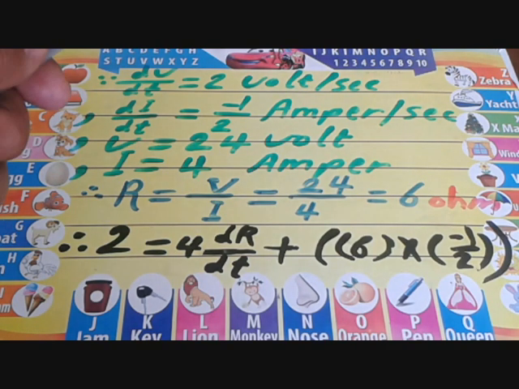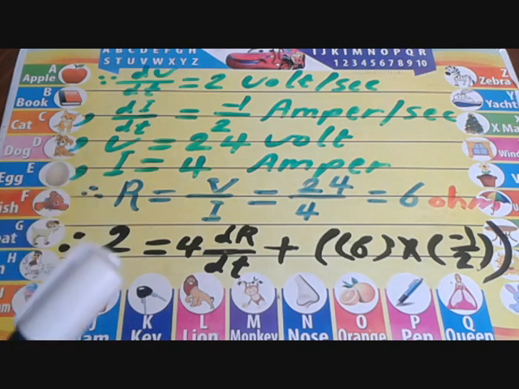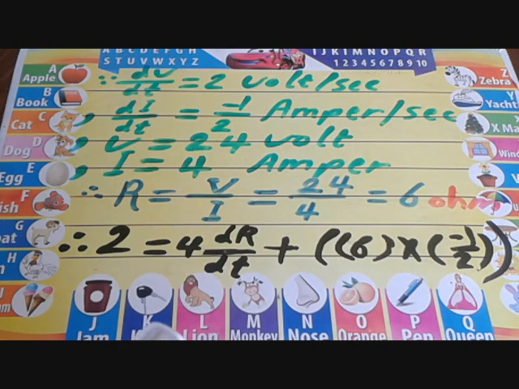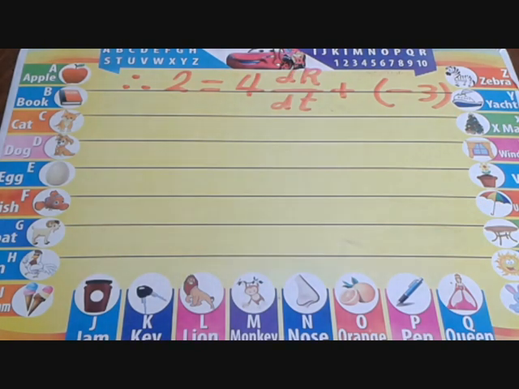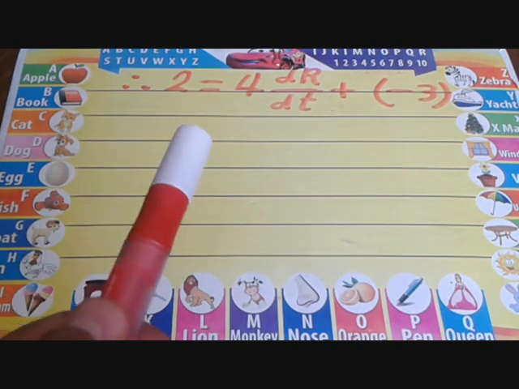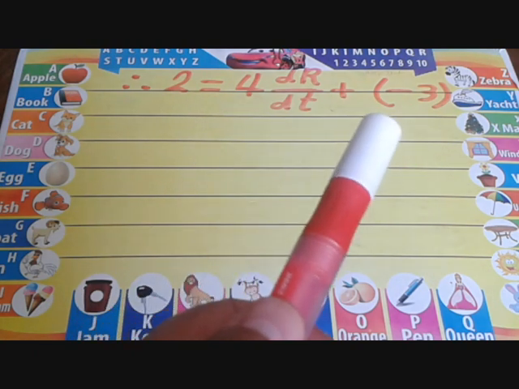Dear student, write this part in your notebook because the next part depends on it. Therefore, 2 equals 4 dR by dt plus negative 3.